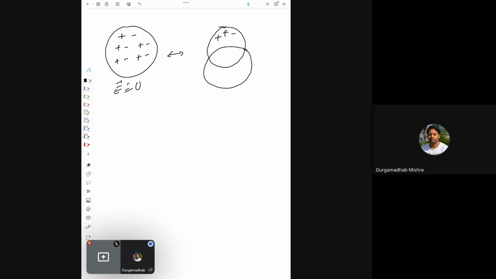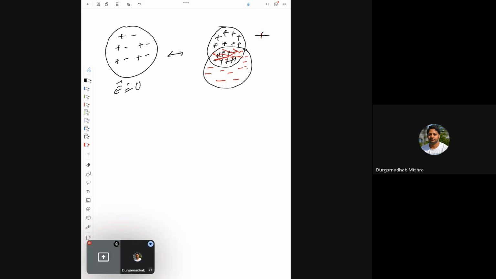So the positive charges, let's say, will be here. This represents the sphere for positive charges, and you will have negative charges as well. Now, whatever is in the cross section, they will all cancel out.